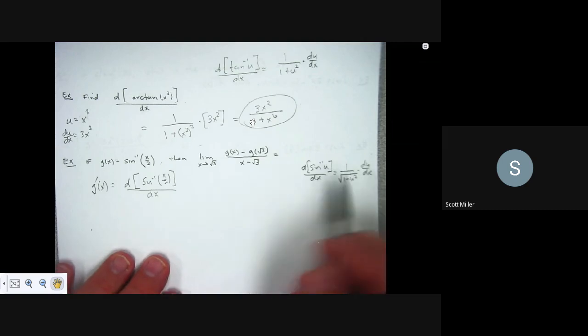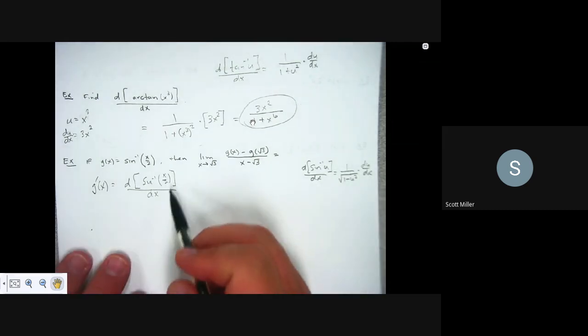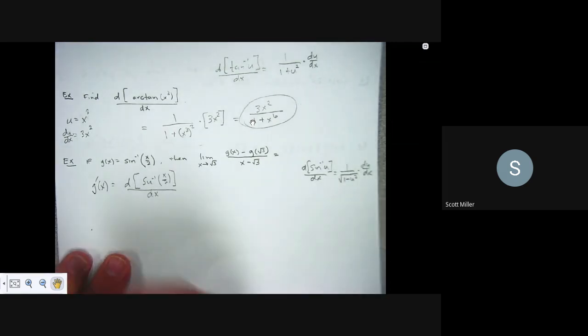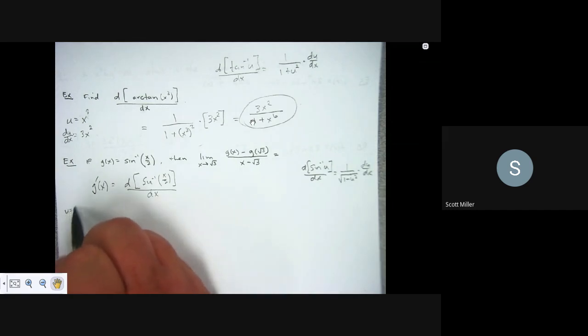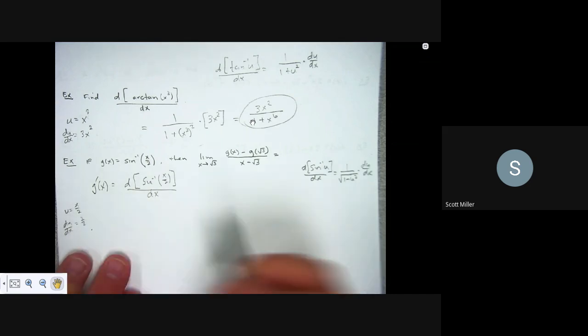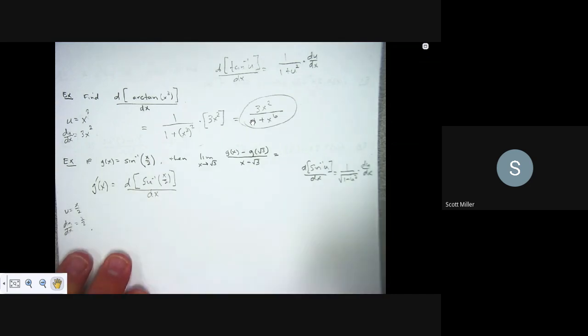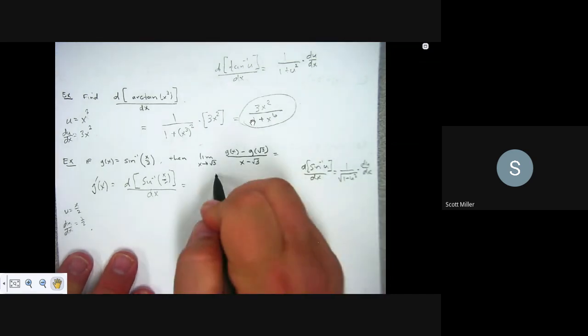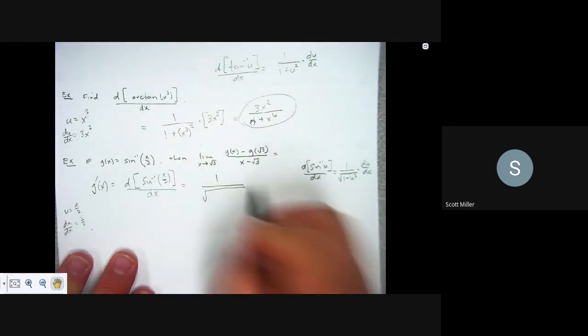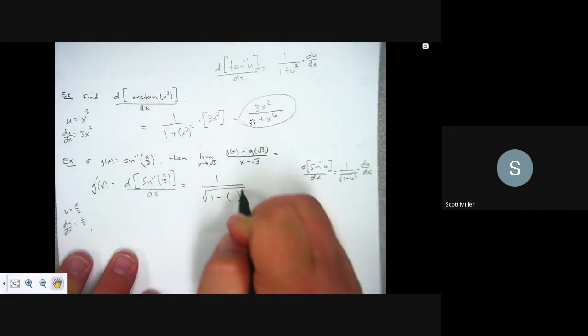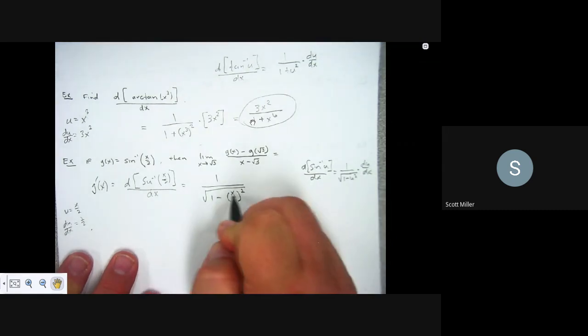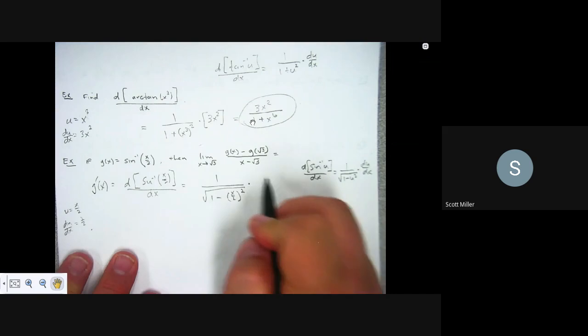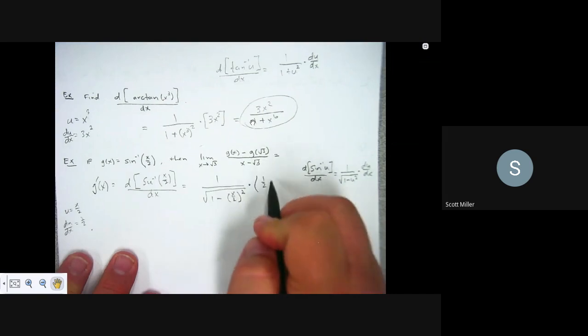So what is our u, and what is our du? Our u is x over 2. Our du with respect to x is 1/2. So based off of this, we can write this out as 1 over the square root of 1 minus u squared, so that'd be x over 2 squared, and then times 1/2.